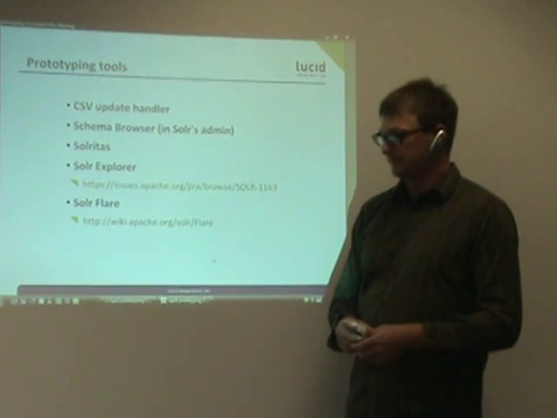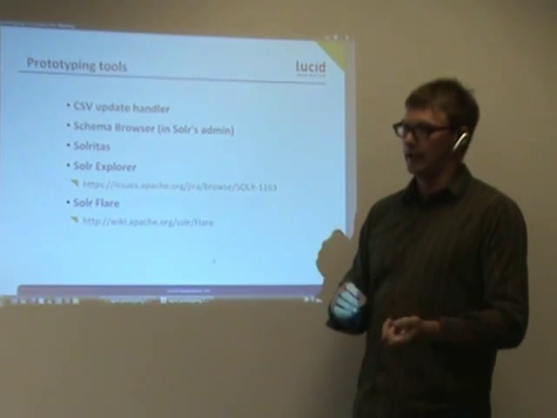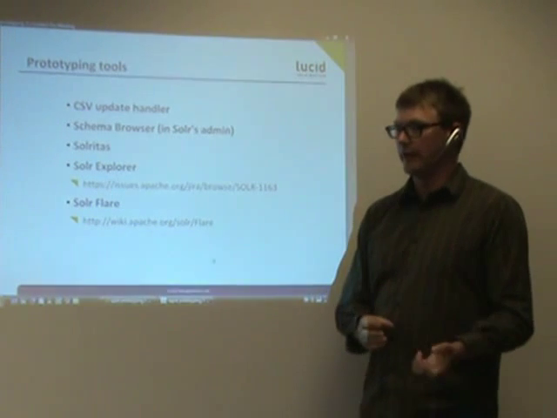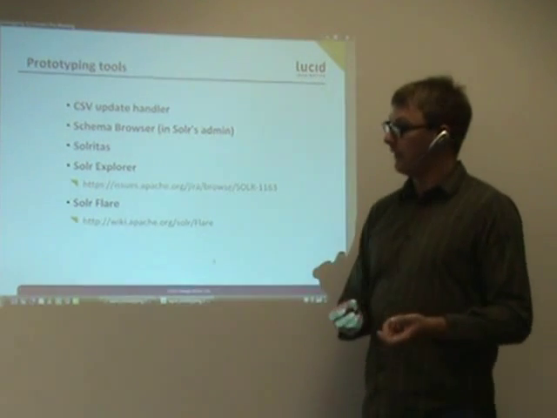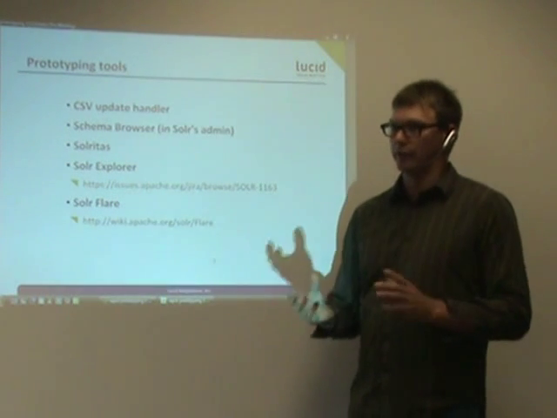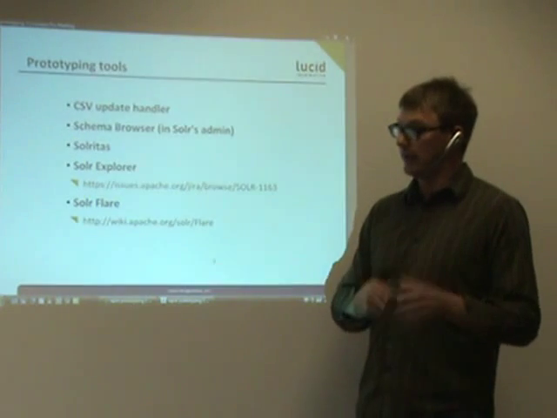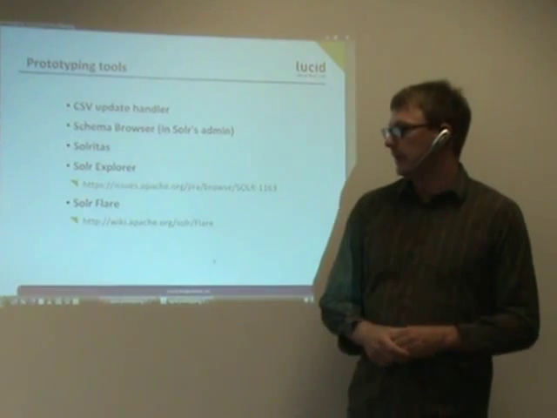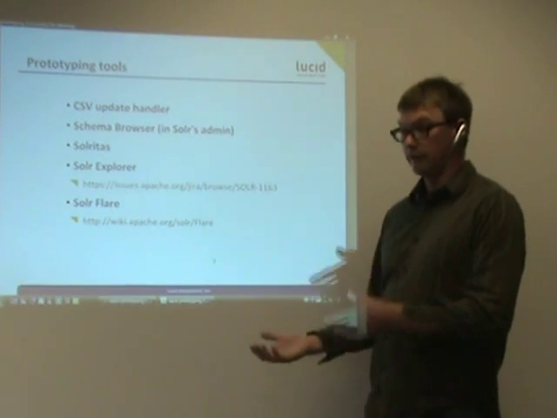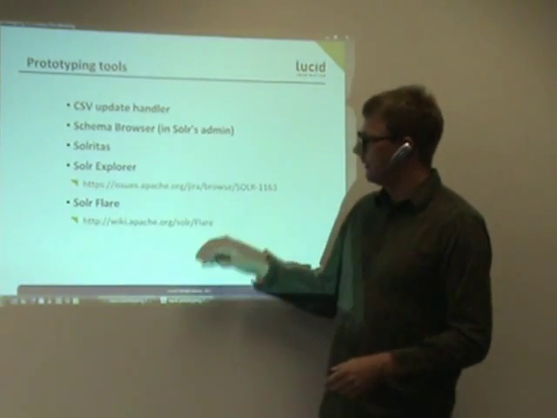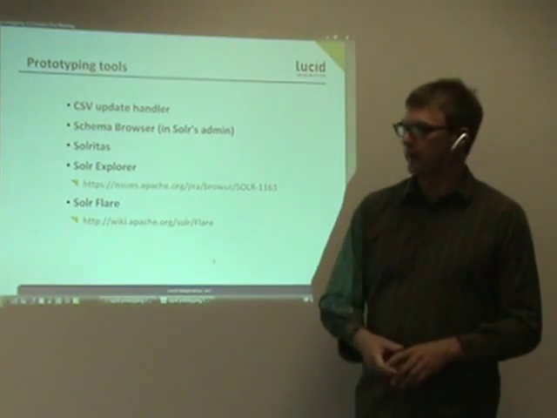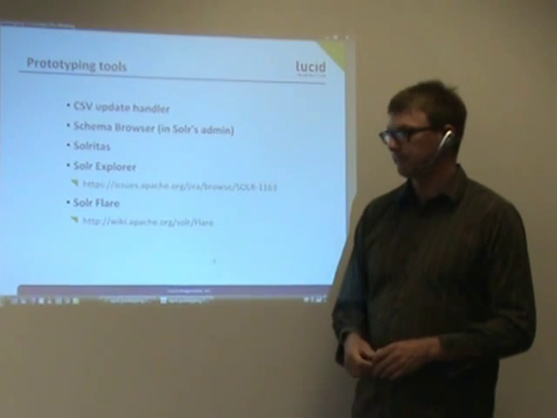It's got invertible filter queries so that you can say, show me everything within this particular facet value, or show me everything that's not within that particular facet value. It's got a browser session-based saved search capability in there, so that you can play around, and it actually takes your saved searches and makes them into facet queries. So a few little nifty things in there for prototyping or just kind of exploring a Solr index.